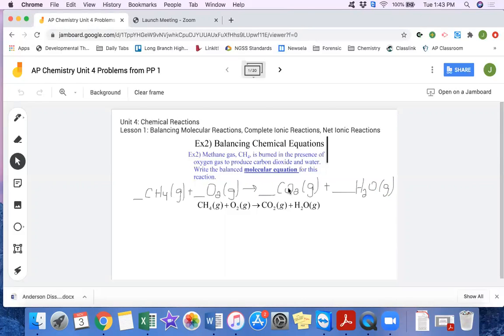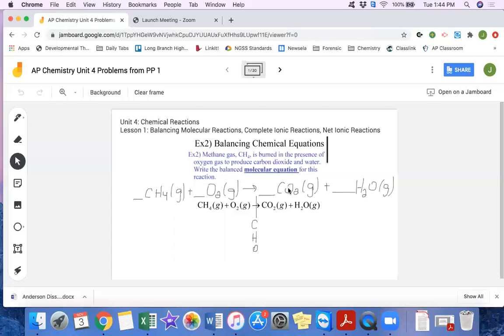The first thing we do when we balance the chemical equation is split the reaction in half at the arrow. Then we list all of the elements we have on the left side of the arrow. On the left side, we have carbon, hydrogen, and oxygen. The left and the right side have the same elements. They might be in different places, but it's the same elements.